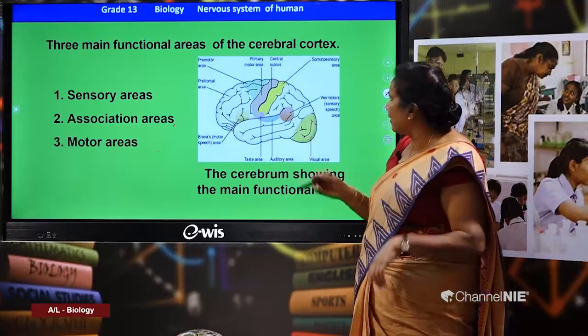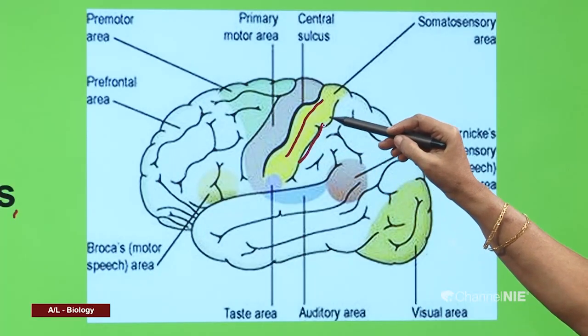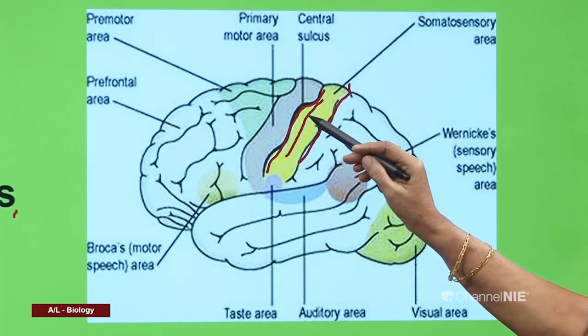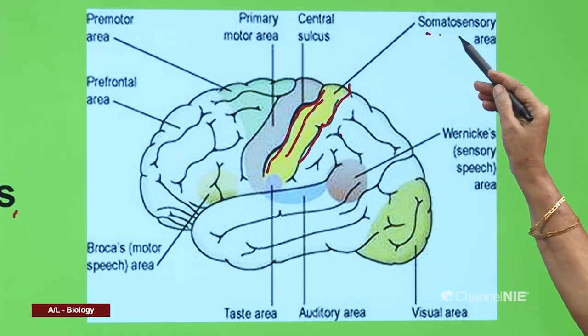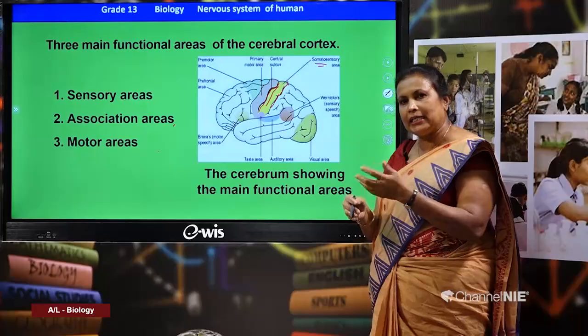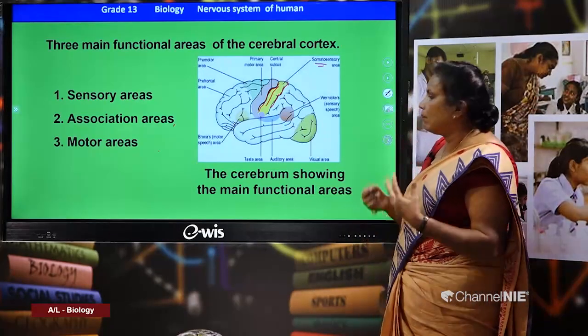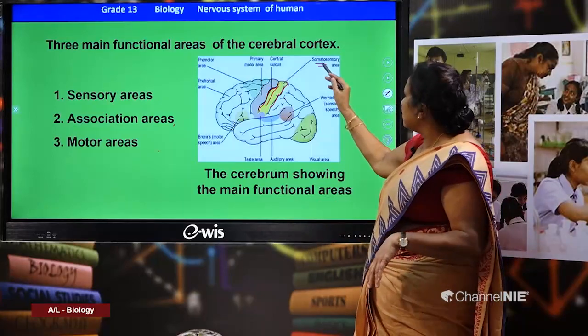Did you understand? As you see here, in this yellow color region in the parietal lobe, this area is called a sensory area. We call it somatosensory because it is related to body movements: muscle movement, leg movements, hand movements, like this.